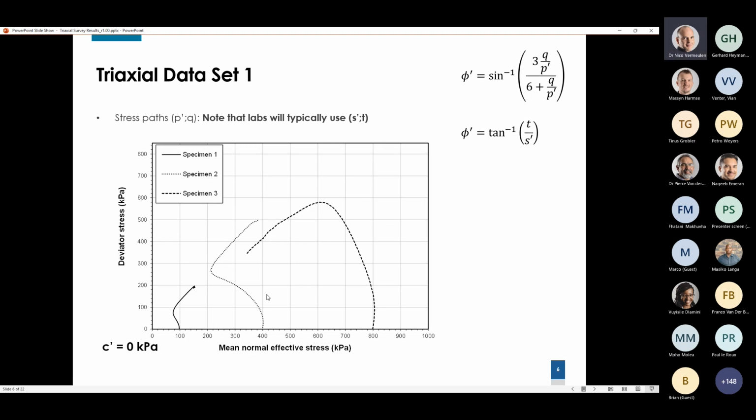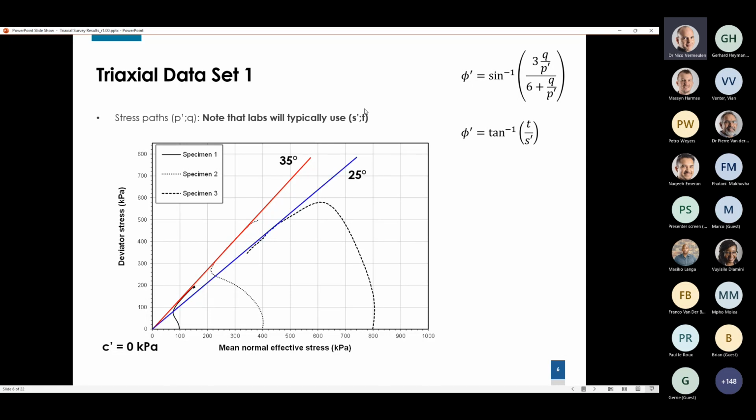All right. The stress paths we see here, two of them showed initial contraction and then dilation towards failure, and the third one purely contraction and a reduction in strength to failure. So there are different approaches by which we can try and interpret this. One approach might be to say, being a sandy type soil, let's assume it has no cohesive strength, and I've shown at the bottom here, assuming c' equals 0, we can fit the red line through the first two samples and we can come up with a friction angle of around 35 degrees.